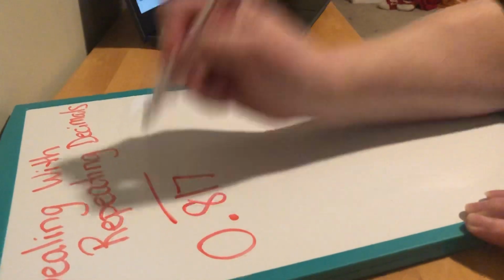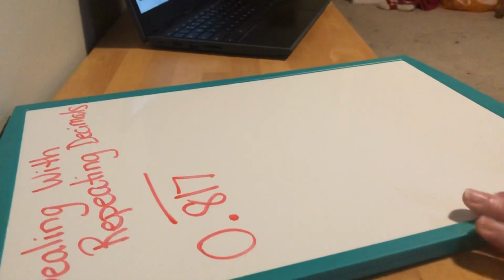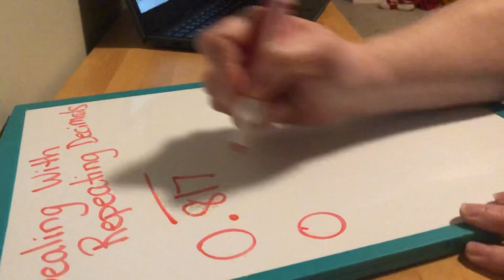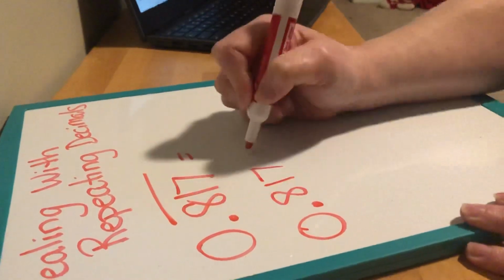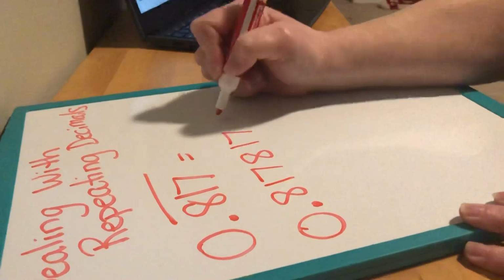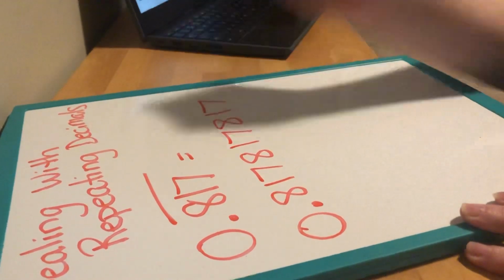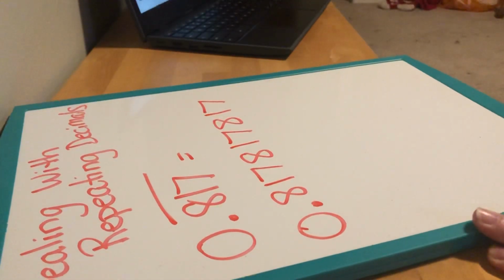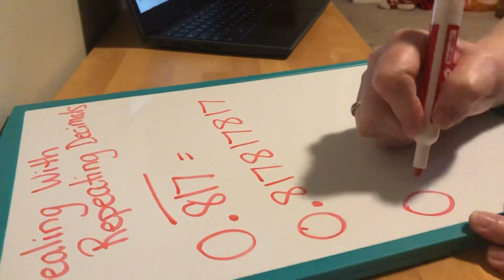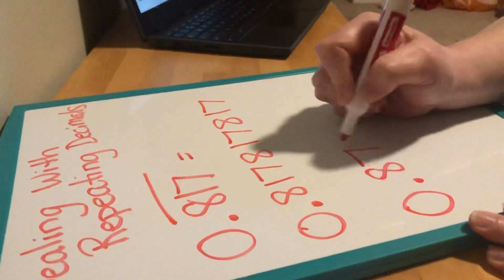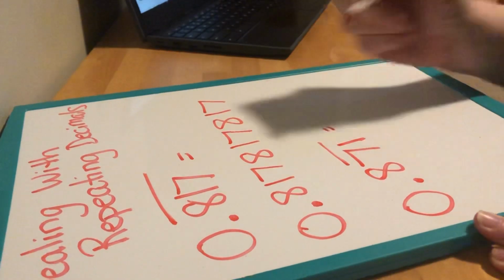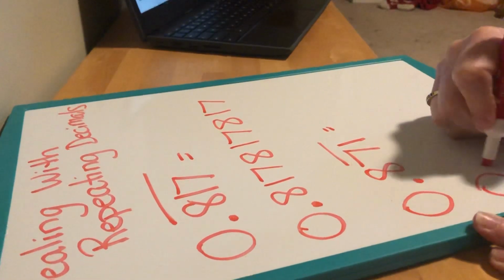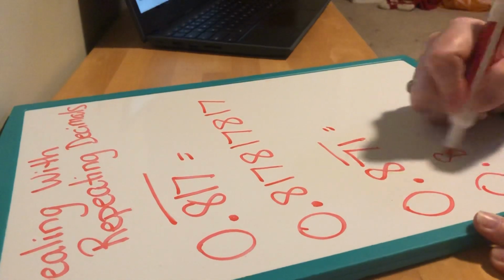So in the question 0.817, it's over all 3 numbers, so your decimal is going to look like this. It's 817 repeated. If the bar was only over the 7-1, and you needed to write this out into longer notation, then you still need to account for the 8.